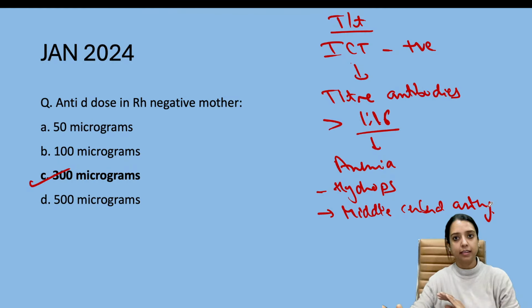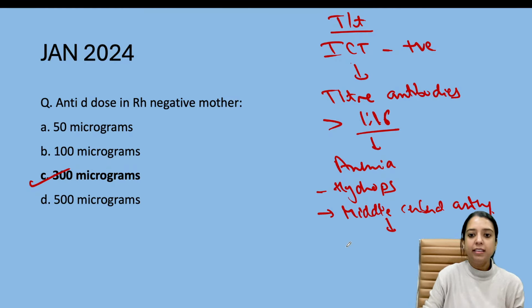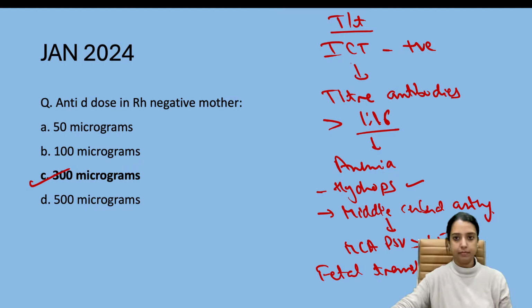It's an indirect sign. So if the titer crosses the threshold, I will check for signs of anemia via the middle cerebral artery. And as soon as I see the middle cerebral artery blood flow, which is peak systolic velocity, is more, or hydrops develops, I do fetal transfusion, intrauterine fetal transfusion. This is how I treat a patient who is ICT positive.